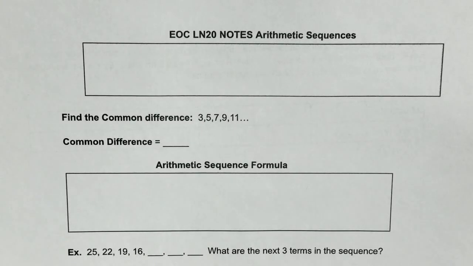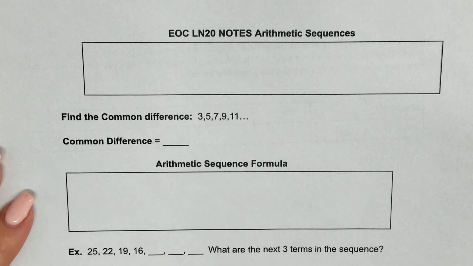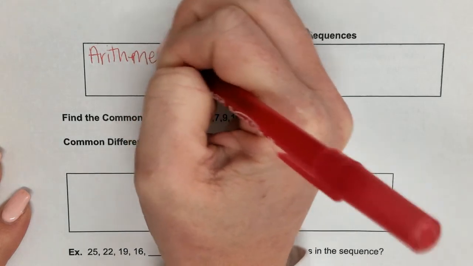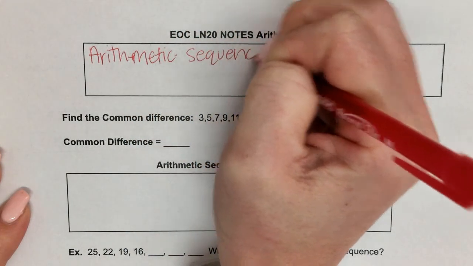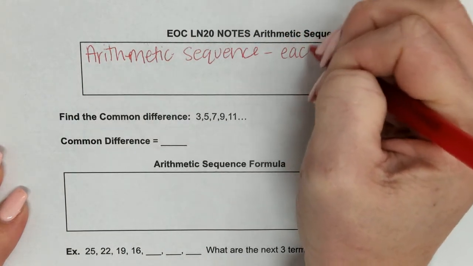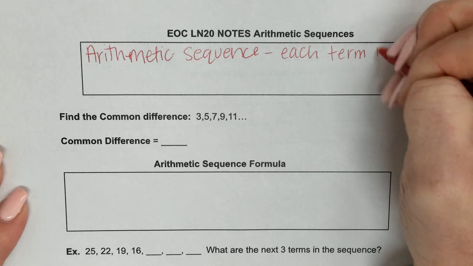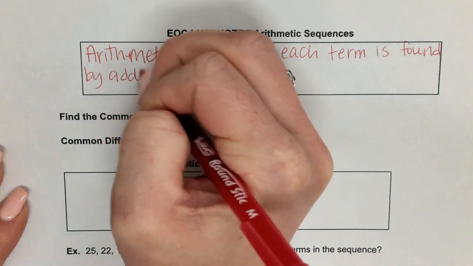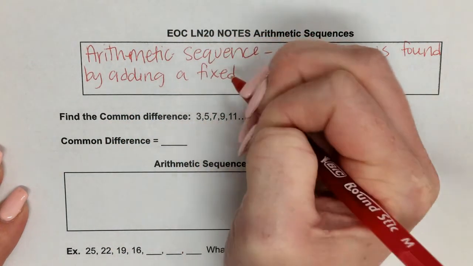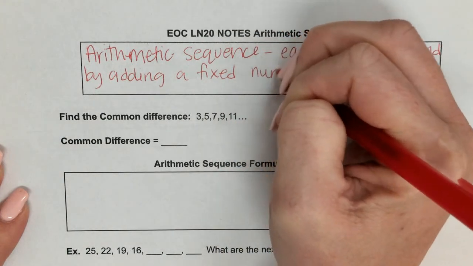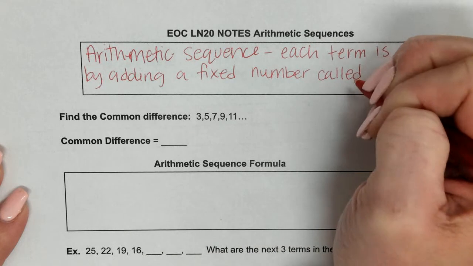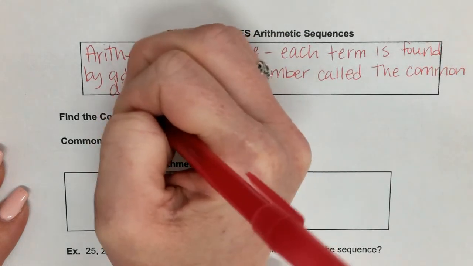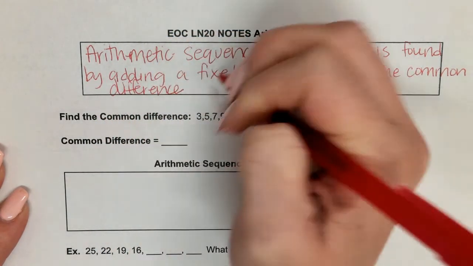All right, I lost my good red pen. Oh, here we go. An arithmetic sequence. Write that down.